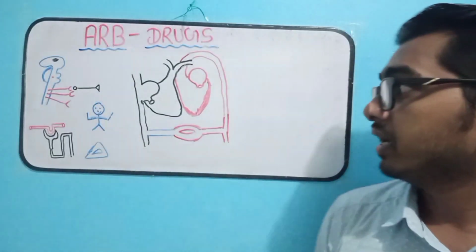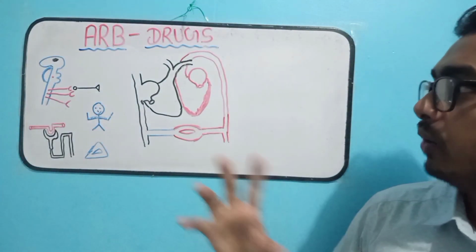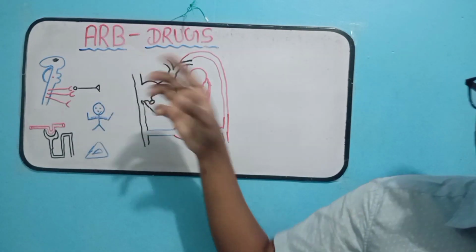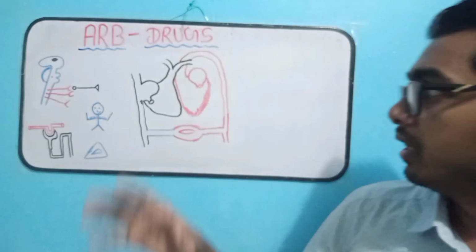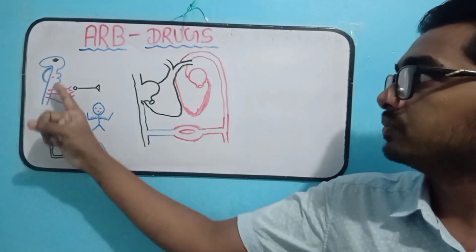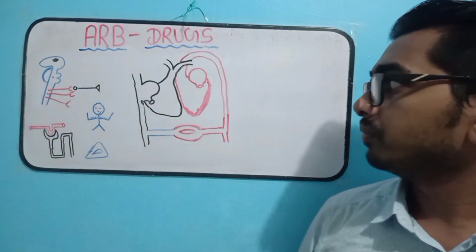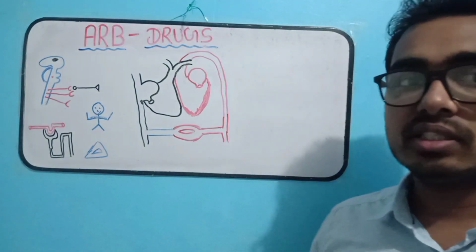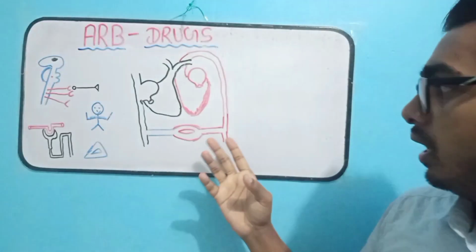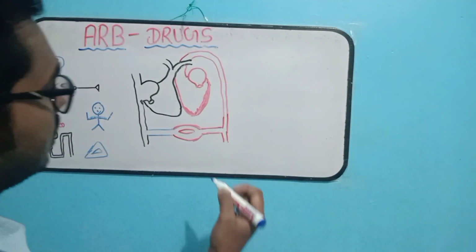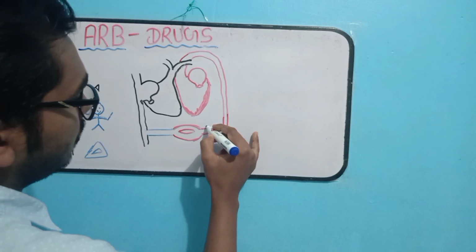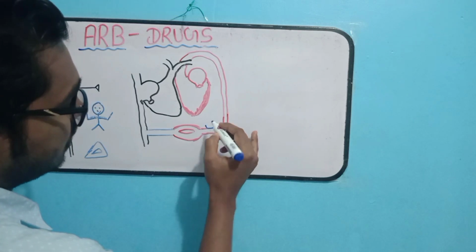By using this diagram, I will explain how the angiotensin receptor blocker drugs work on the angiotensin 2 receptor. We will explain one by one in each diagram. As discussed before, the angiotensin 2 receptor is present in the smooth muscle of the blood vessel.